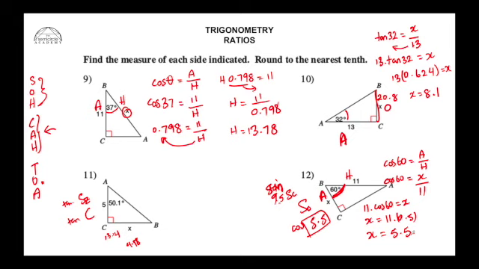Scotia, you realize that you too, just like Ariel, you chose the wrong ratio, right? For yours over here, you divide. Well, that's because you had them on the wrong thing. Because if x was underneath, then you would have to divide.